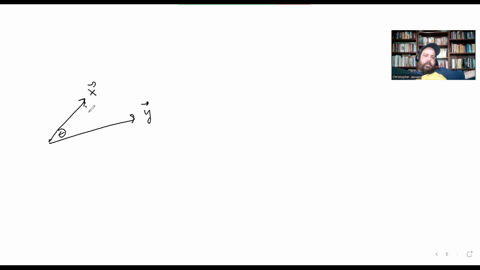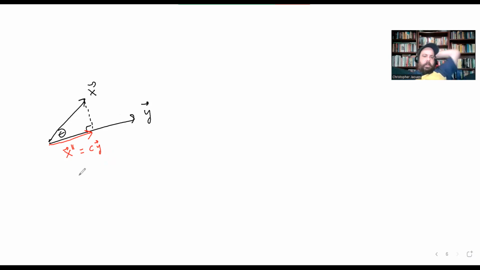Right, so if we take this right triangle, then the red vector here is the vector projection of x onto y, or in other words, this is c times y over length of y. Or actually, the way that we define c, it includes the length of y.